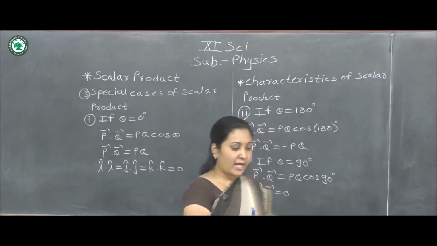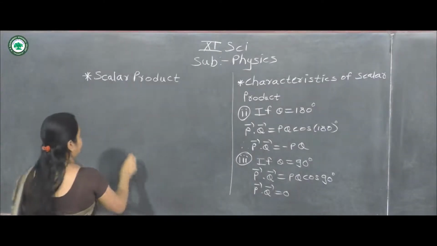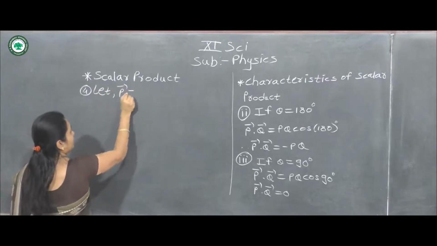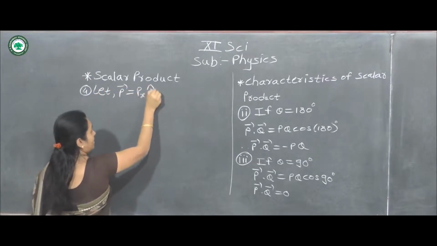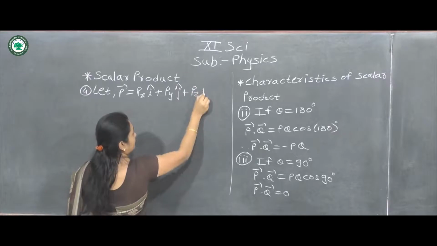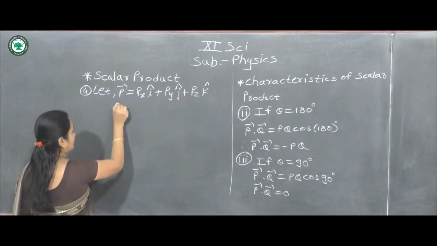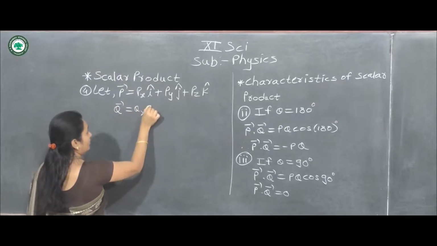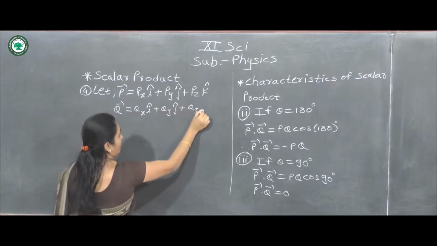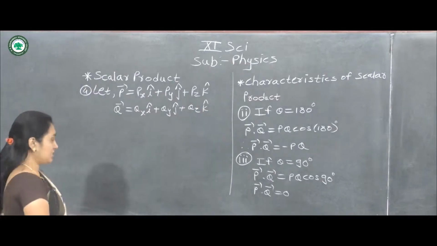Then if we have two vectors P bar and Q bar, where P bar equal to Pxi plus Pyj plus Pzk and Q bar equal to Qxi plus Qyj plus Qzk.